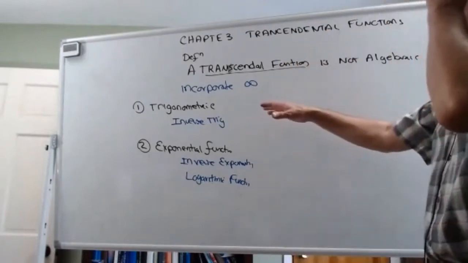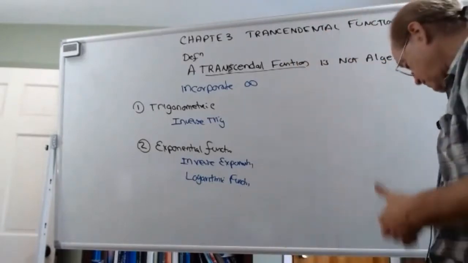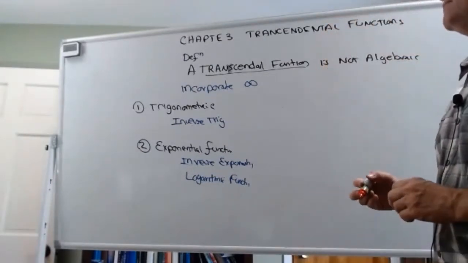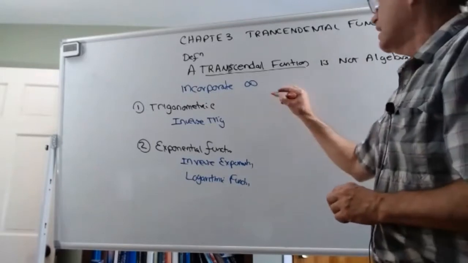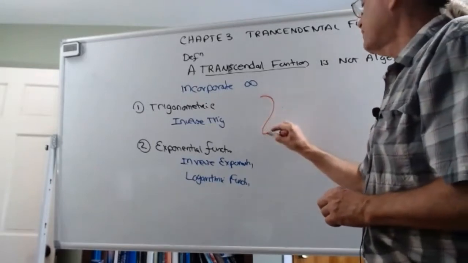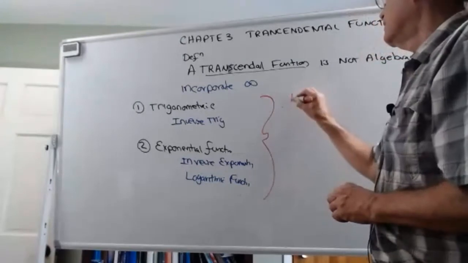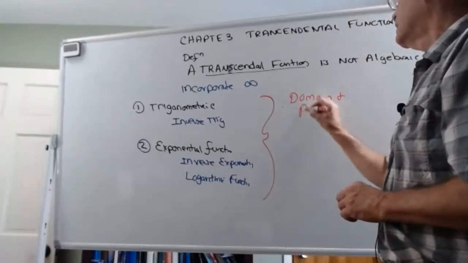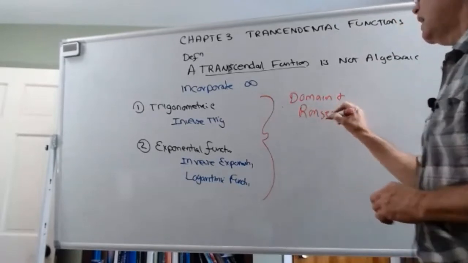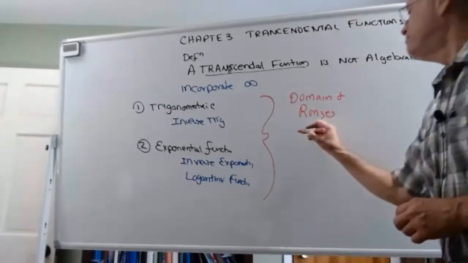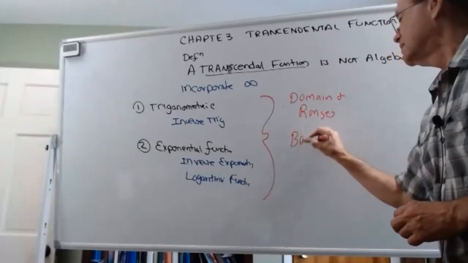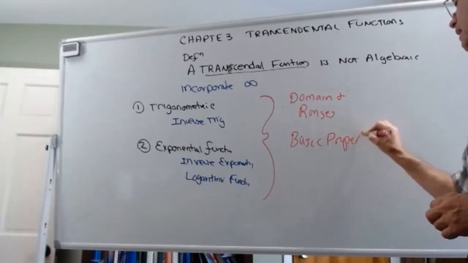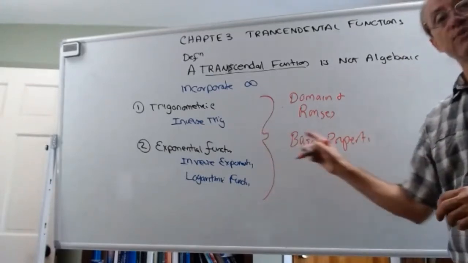We have to introduce a lot of new terminology and new concepts and ideas to be able to understand them. But we'll be doing that, and we'll also be carefully looking at the idea of domain and range, and then some very basic properties, which we will add to throughout the course.